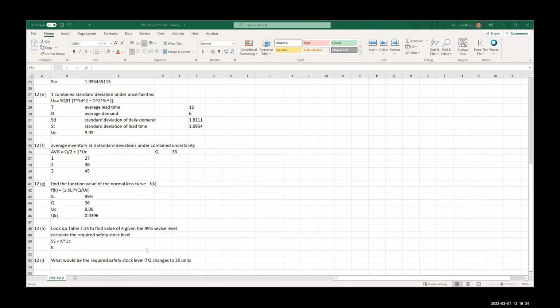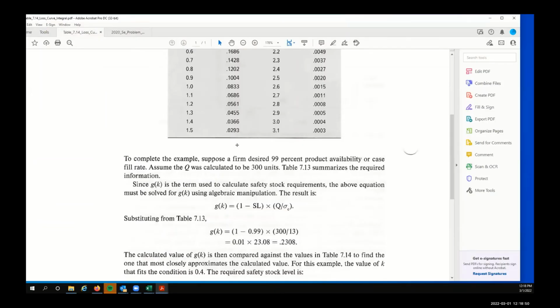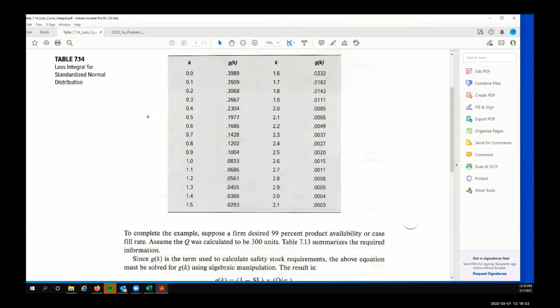All right, let's see, where is the table? Screen 1. Okay, let's see this. See that table here? Here, the text we use GK means the function, let's treat it as FK. 0.039.